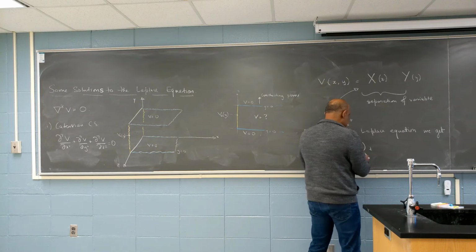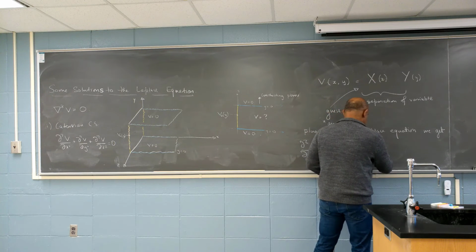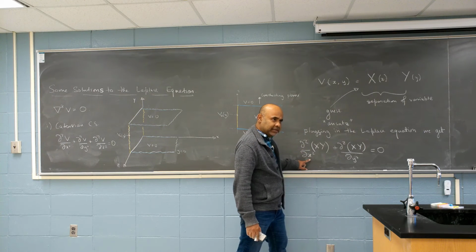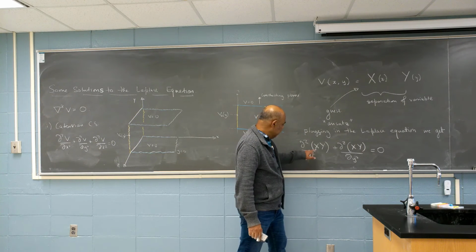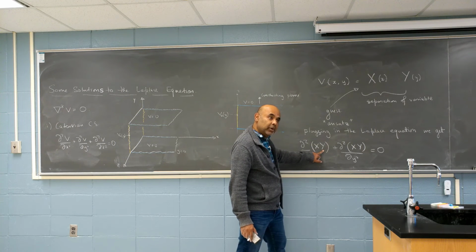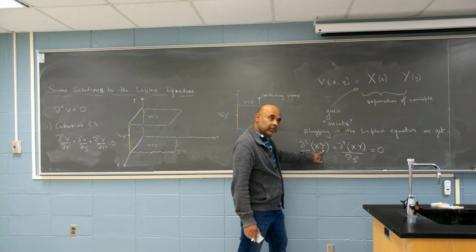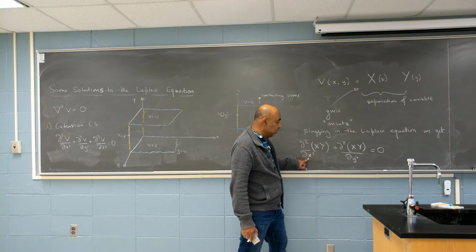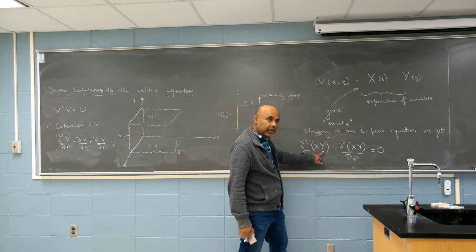Z is totally out of the picture, right? Now, here I'm taking derivative with respect to x. This big X is a function of x. This big Y is a function of what? Little y. So when you take the derivative with respect to x, are you taking the derivative of y?